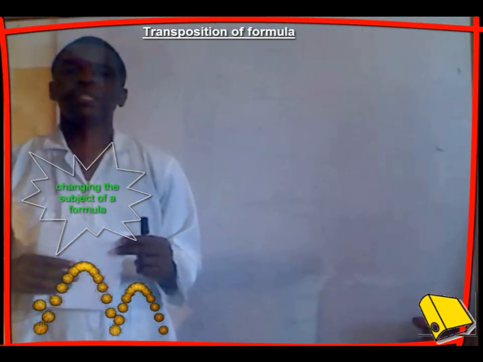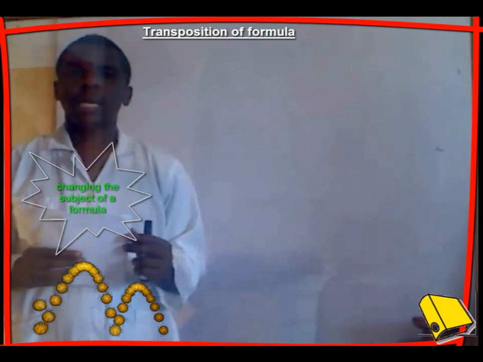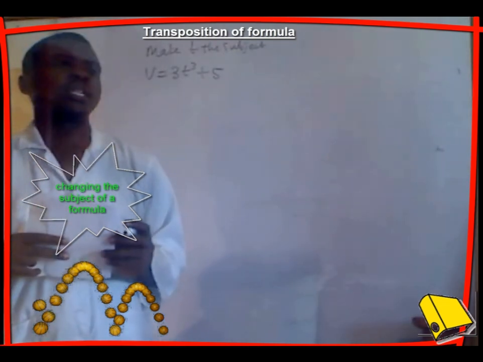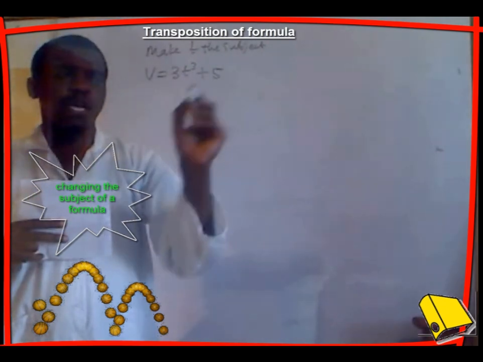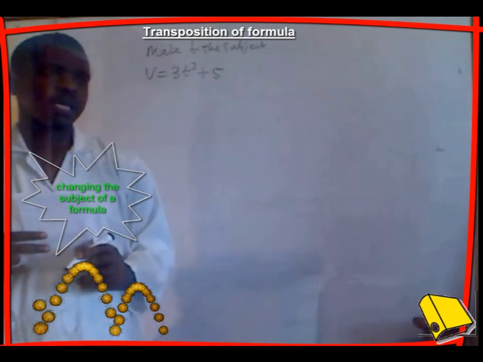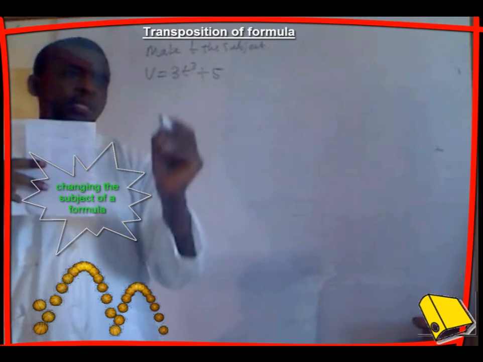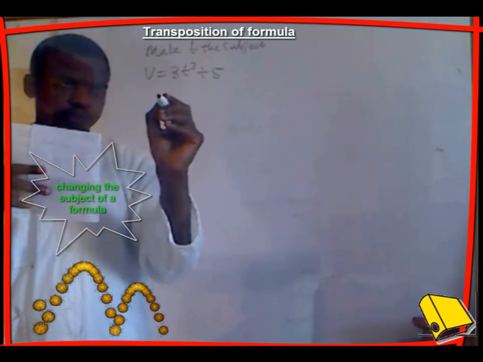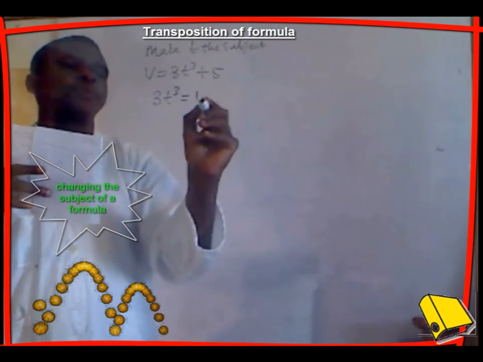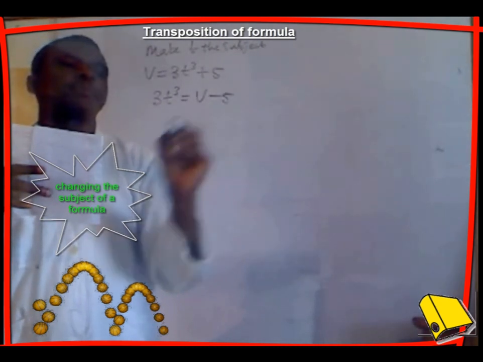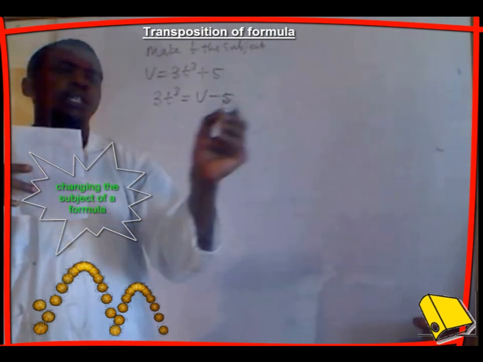Let us now look at situations where a variable is raised to higher powers. Make t the subject in the formula v is equal to 3t cubed plus 5. We want to make t the subject, so here I shall have 3t cubed is equals to v minus 5. I divide all through by 3.